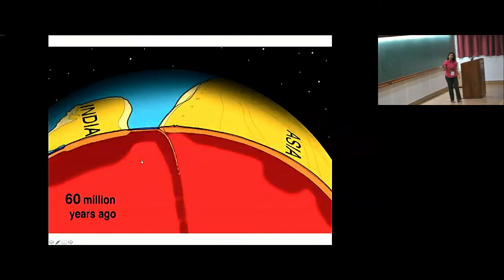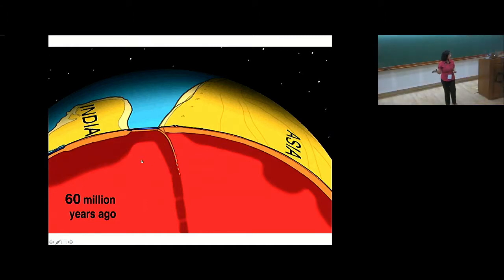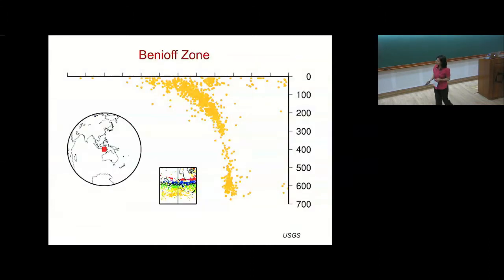So again, how did we reconstruct this movie? Okay, so yes, the sediments with the marine fossils helped us, but how do we know, for example, that the oceanic lithosphere dips like this? So now if we look at the present day Earth, here I show you again a vertical profile, and that is taken somewhere in the Pacific, close to Indonesia, okay?